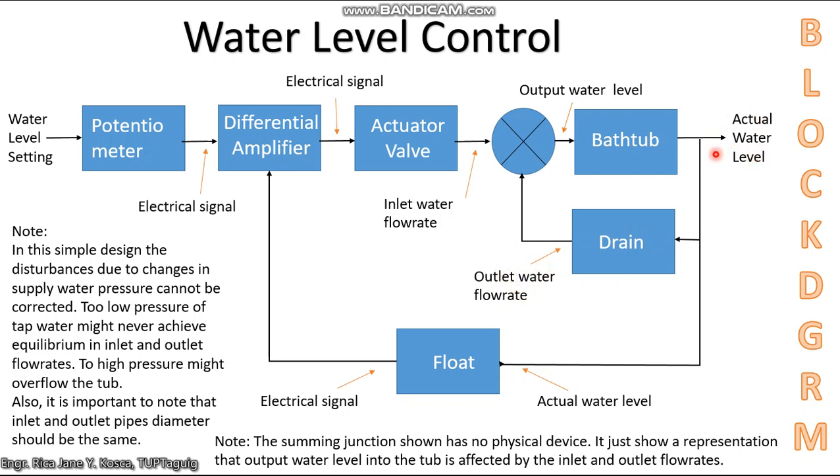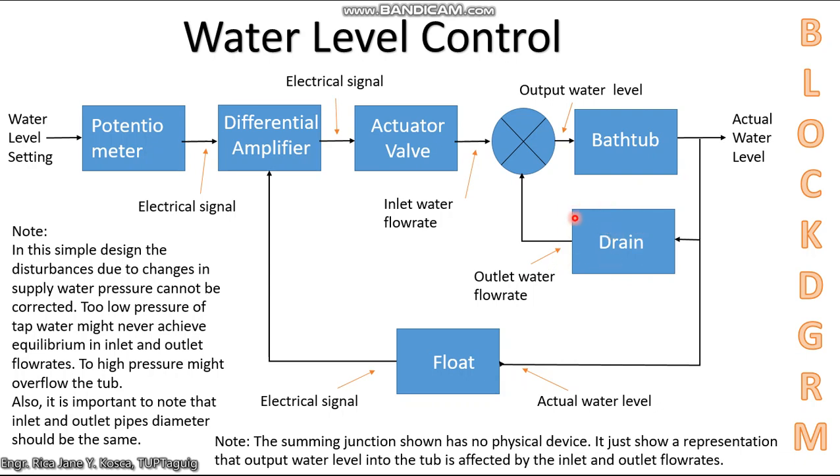But if the water level is less, there would be less pressure, so the flow rate will be less also. But that flow rate, it's still bounded, no? Yung pinaka minimum at pinaka-maximum rather na flow rate na pwedeng ibigay dito ay still limited sa diameter ng drain pipe na ito.